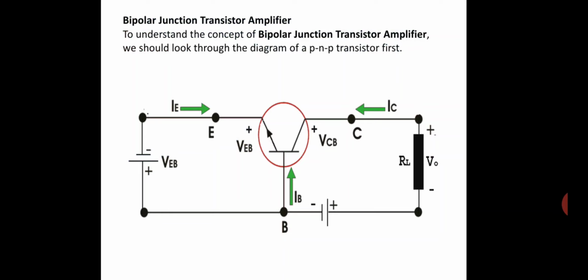If one terminal is common for input and output, and the emitter is common, then it is called common emitter. If the base is common for input and output, that is called common base configuration. And if the collector is common for input and output, then it is called common collector configuration.